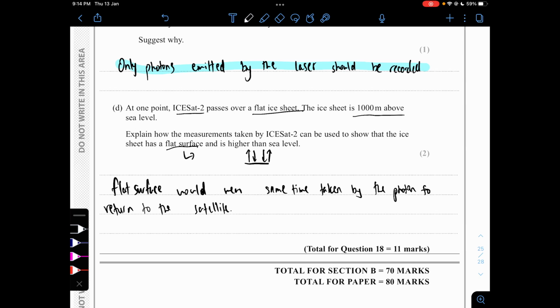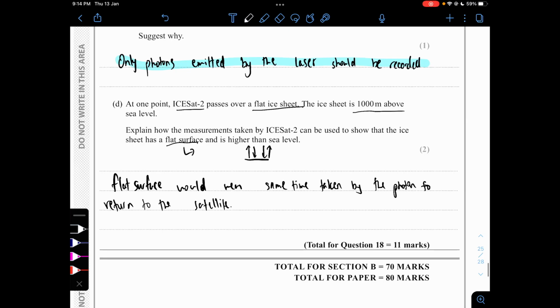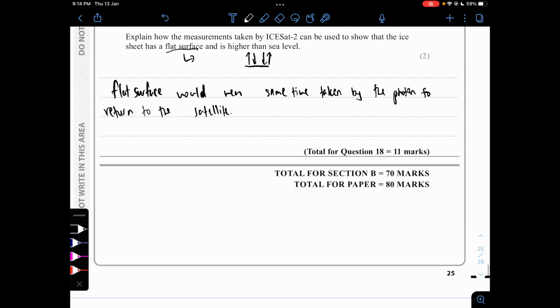And what about if we were higher than sea level? This would mean it takes less time. So if we imagine this is the sea level here, and then we have the ice sheet around here, and the satellite around here. This takes more time. This takes less time because this is greater than sea level. We're here 1,000 meters. This should take less time.